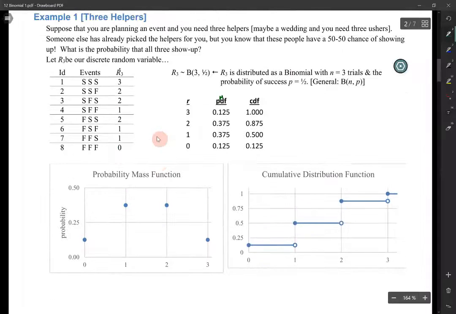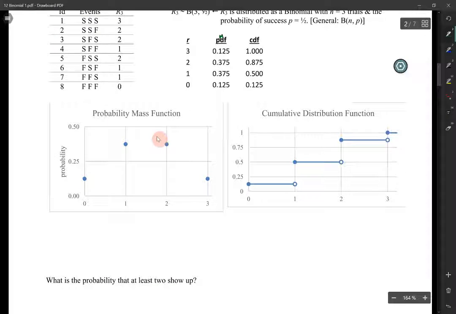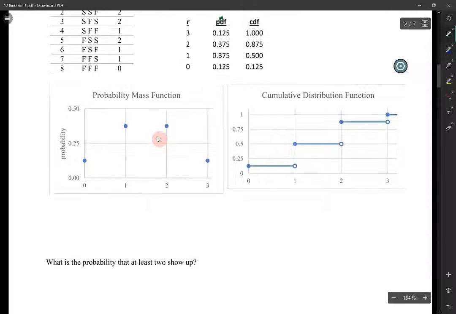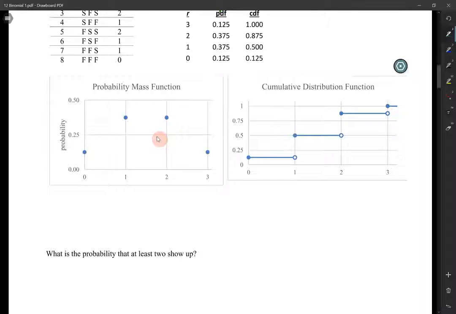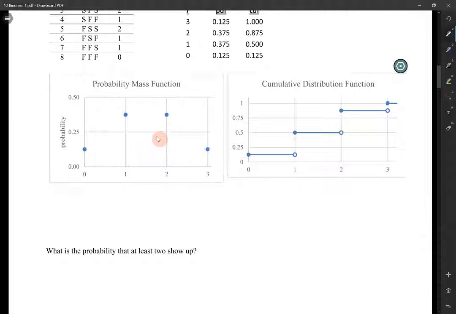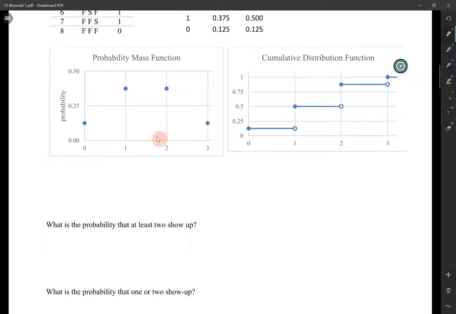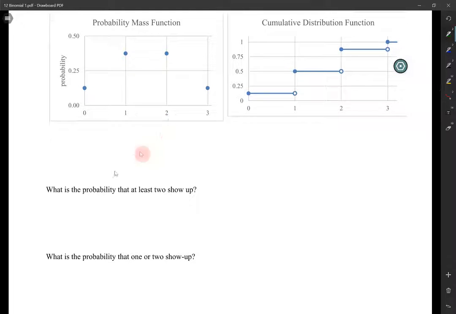Sorry? 40? 25%? Why? We should be a little more systematic. So what is the probability that at least 2 show up?